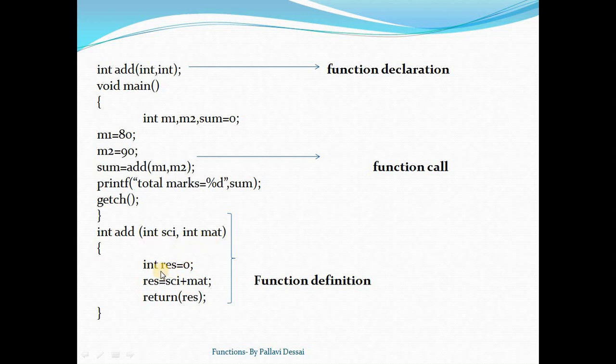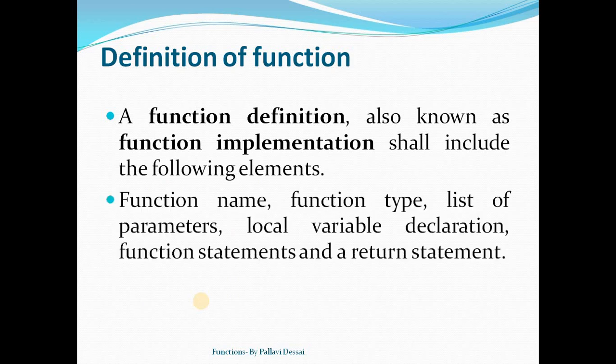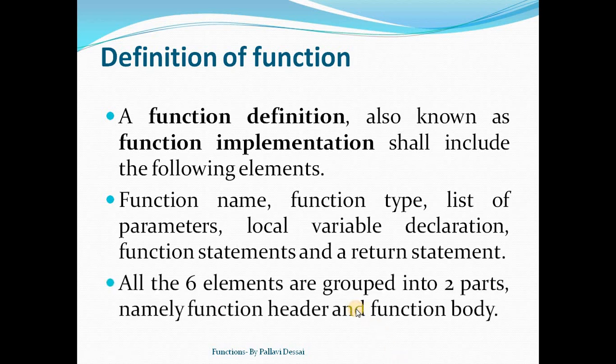Here I have used a variable result, which is the local variable declaration. This statement which calculates the total is the function statement, and the last, which for every function is compulsory, is a return statement. So these are the 6 elements which are grouped together as a function definition.